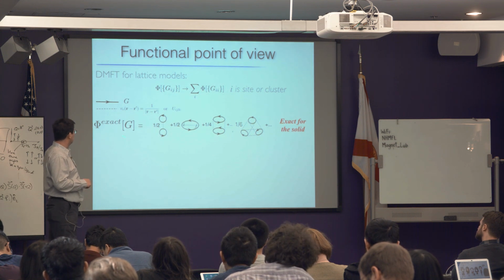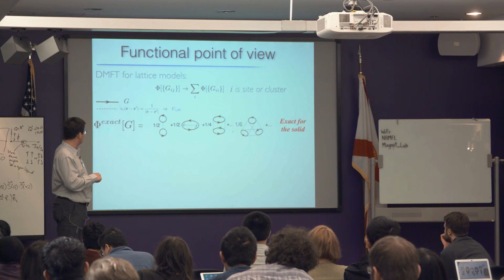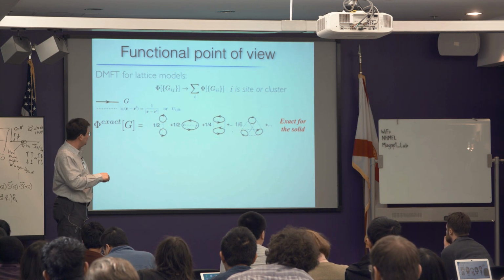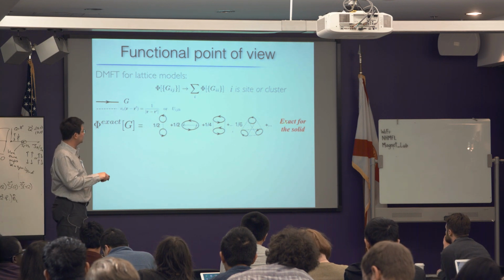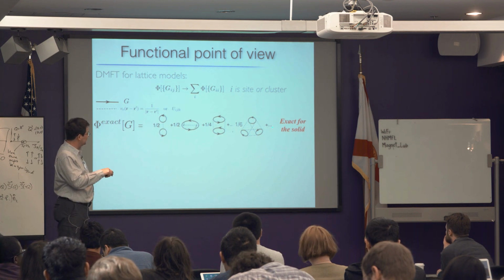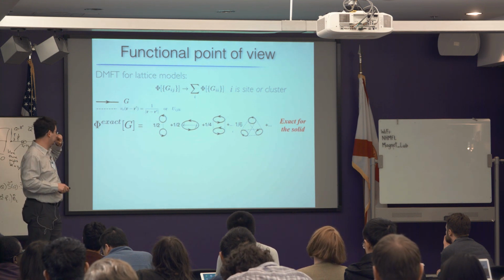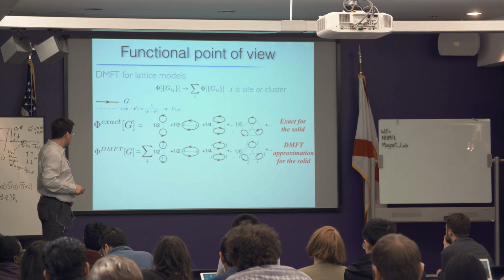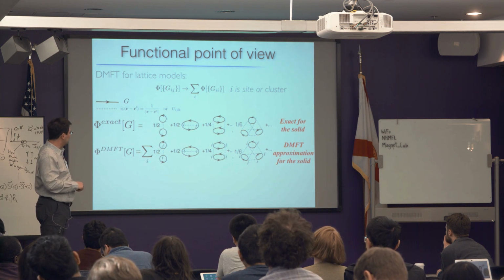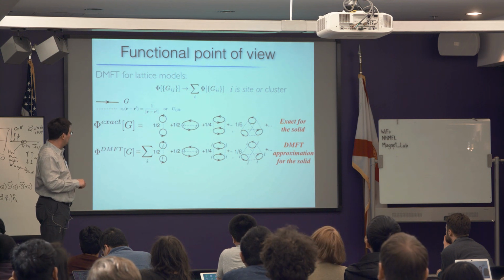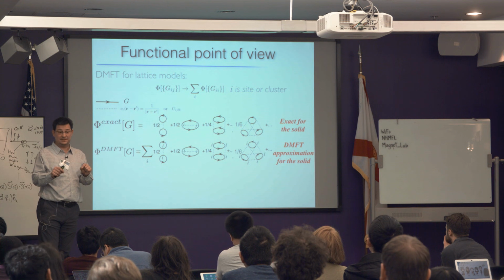Now, we can write Feynman diagrams again, and this is the exact phi, as I said before. It's the sum of all vacuum-to-vacuum skeleton diagrams, okay? Of course, I just added here three dots, which means all the diagrams, arbitrarily complicated, arbitrarily high order. Now, within DMFT, we sum over all sites, and now all the vertices in all the diagrams correspond to the same site, okay?